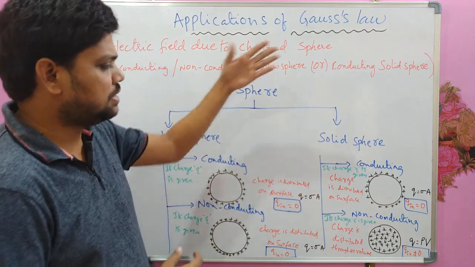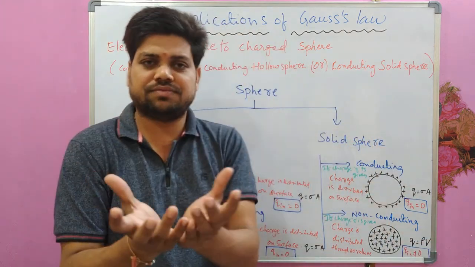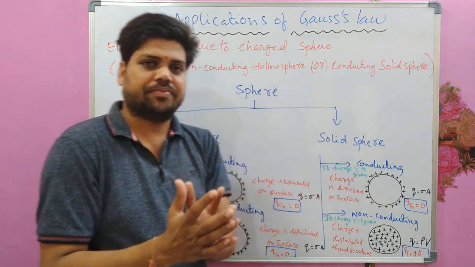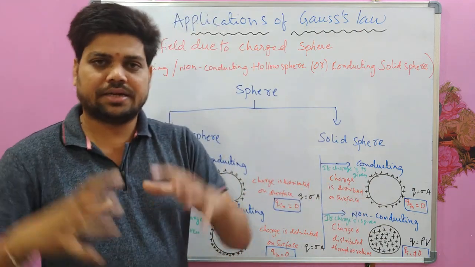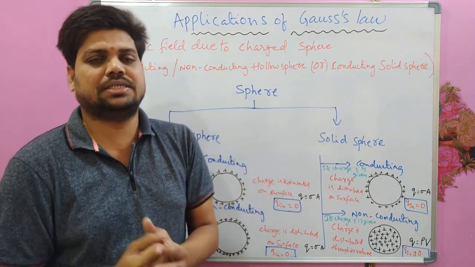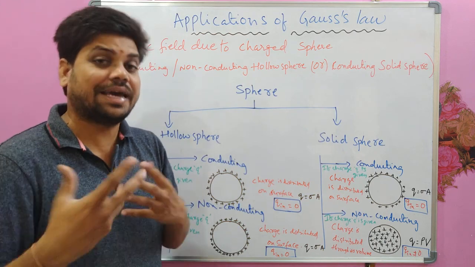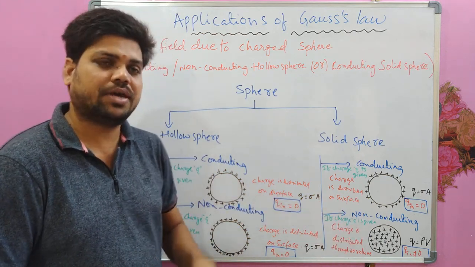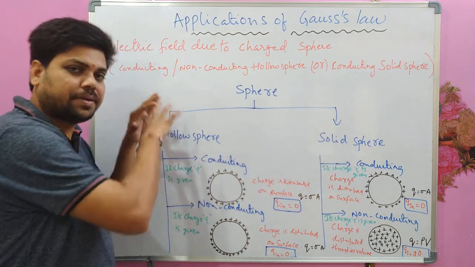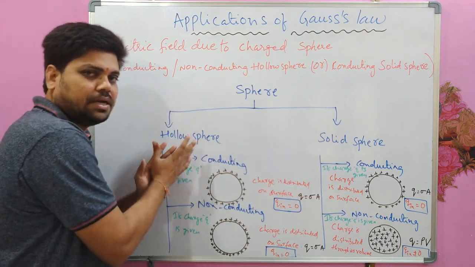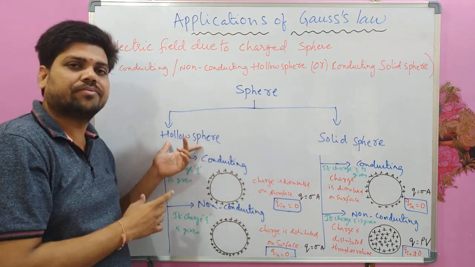Similarly, solid spheres can be conducting and non-conducting. Conducting means made of some metal or conductor which conducts electricity. Non-conducting means it does not conduct electricity, made of some plastic or some insulating or dielectric material. So we have the hollow sphere, with nothing inside, an empty space inside the surface.